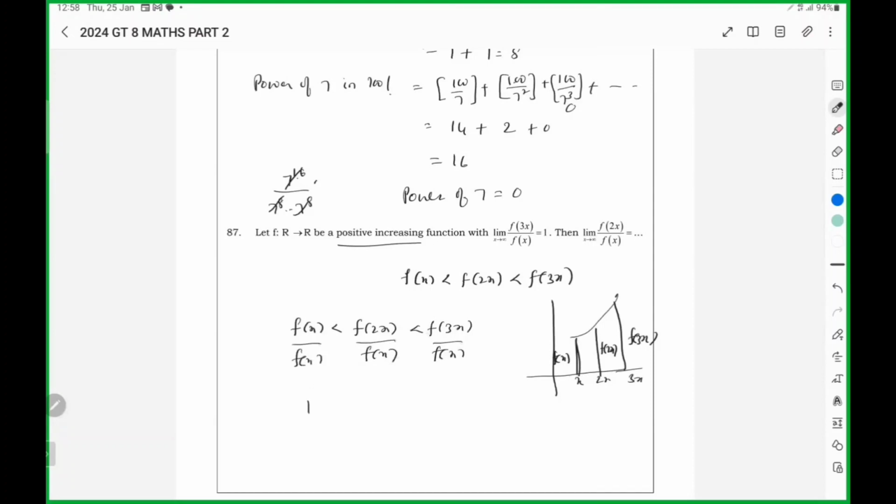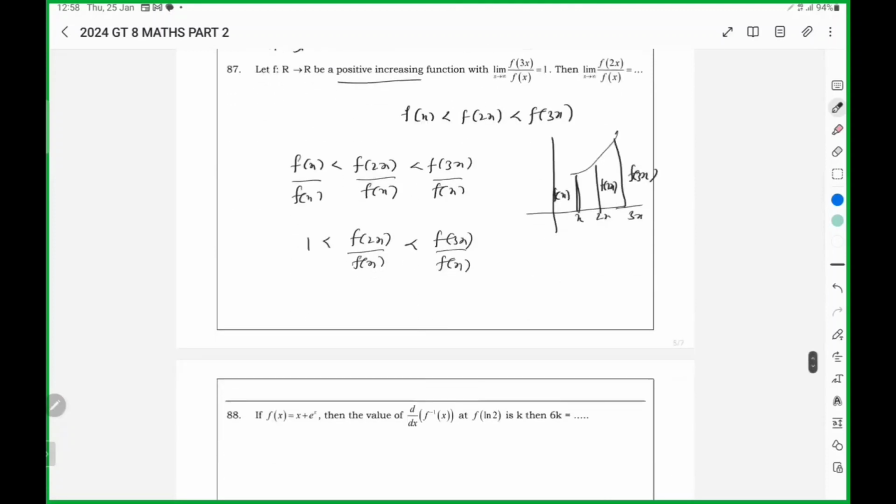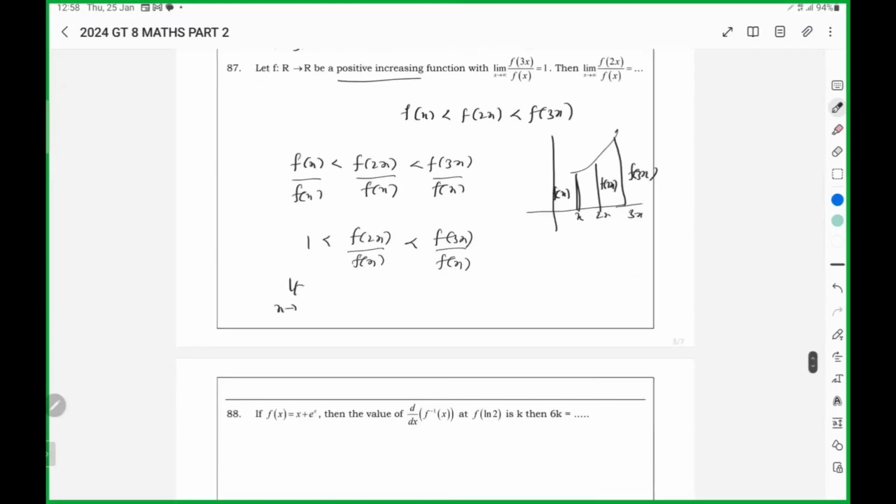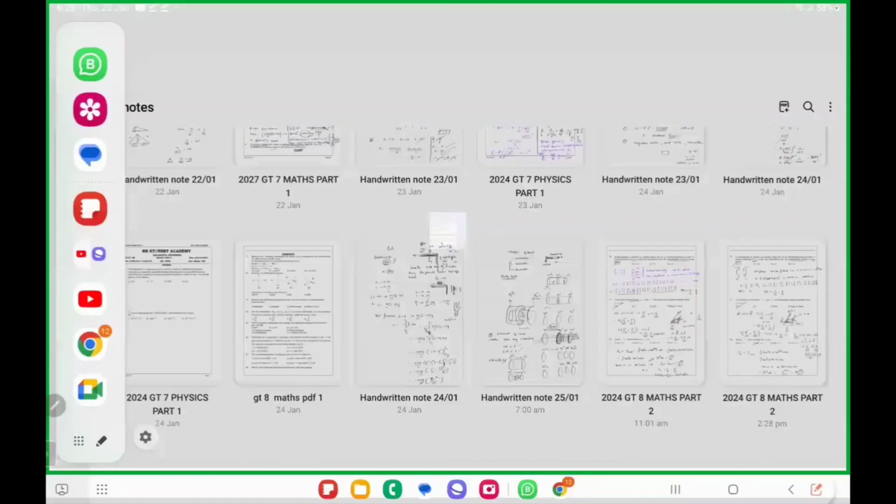I'll write here 1 less than f of 2x by f of x less than. So as limit x extends to infinity, this approaches.